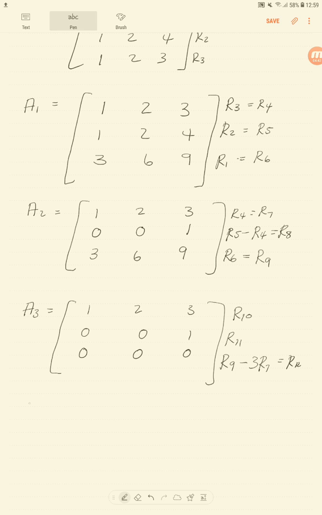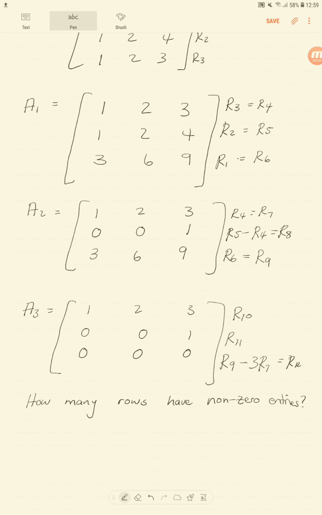This means we now have to ask how many rows have non-zero entries. A row is classified as a non-zero row if there's at least one entry in that row which is non-zero.